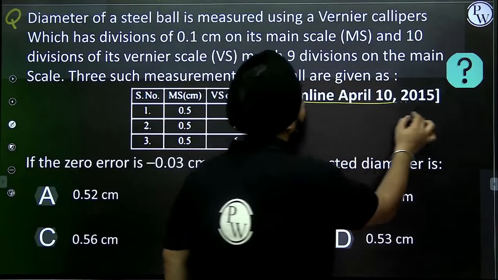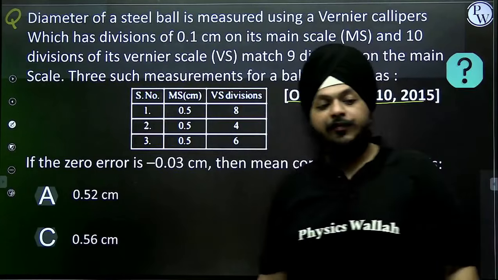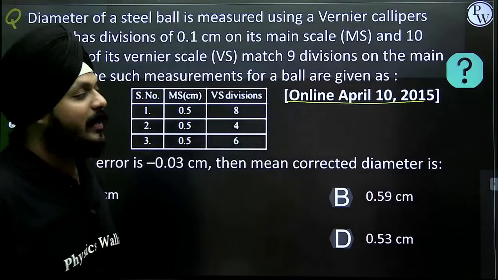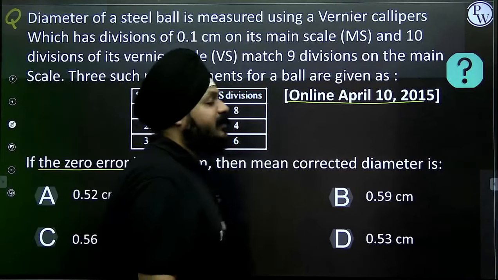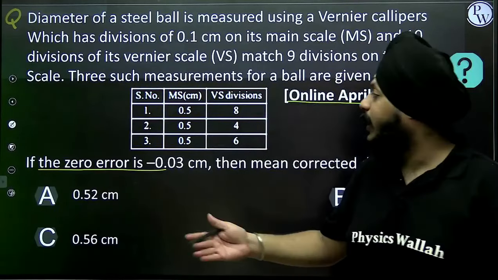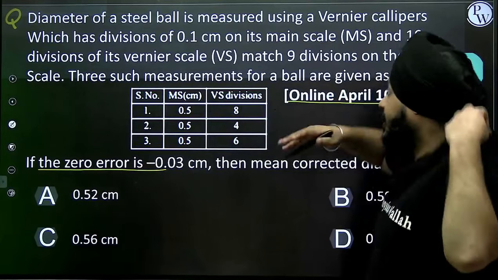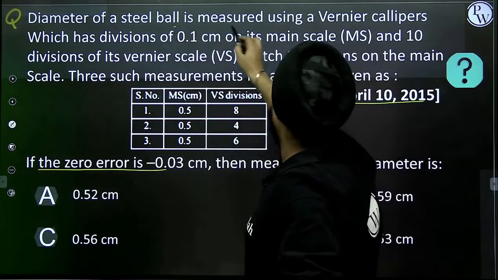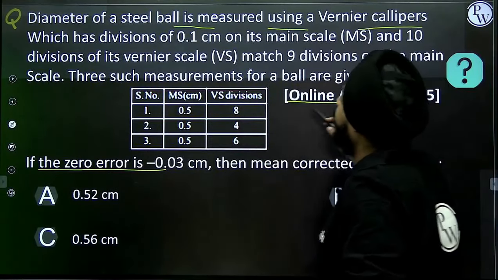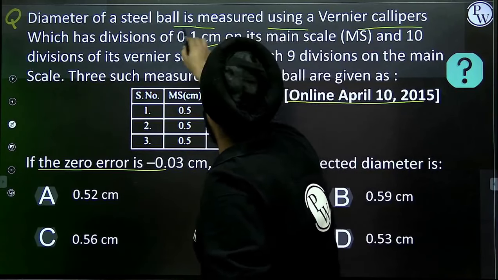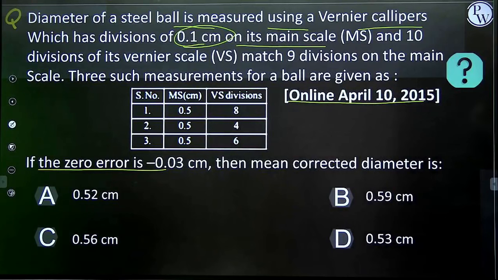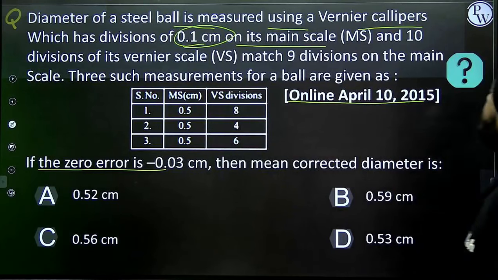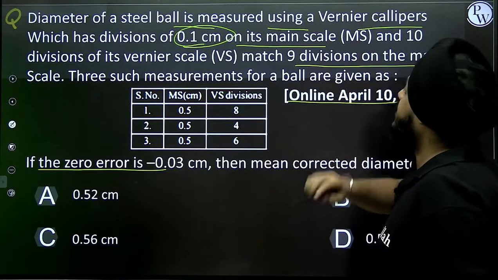This is a PYQ, online, April 10, 2015. This is a sum with zero error, zero error is directly given. The diameter of the steel ball is measured using the Vernier caliper, which has divisions of 0.1 centimeter on its main scale, and 10 divisions of the Vernier scale match with 9 divisions on the main scale.